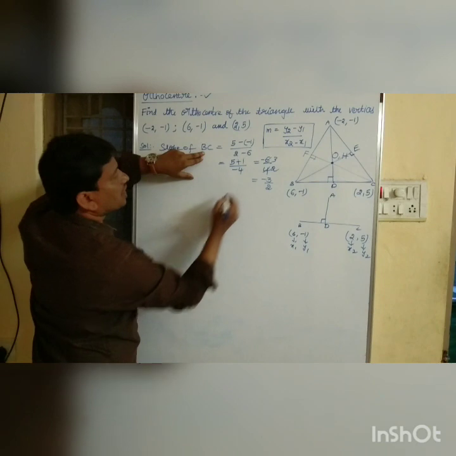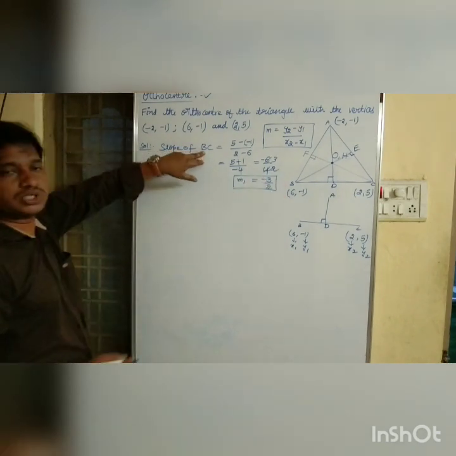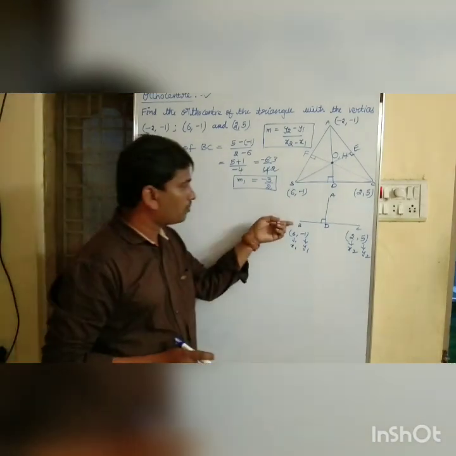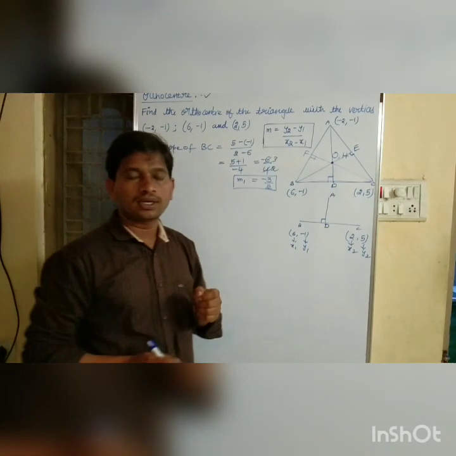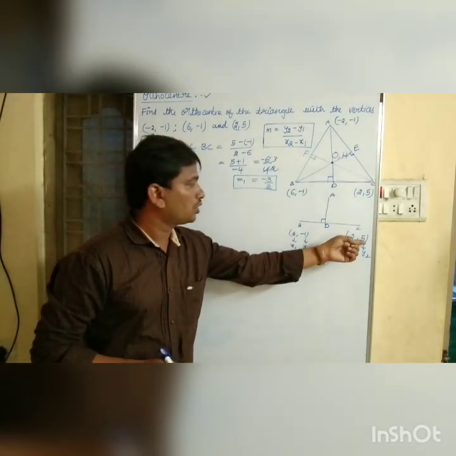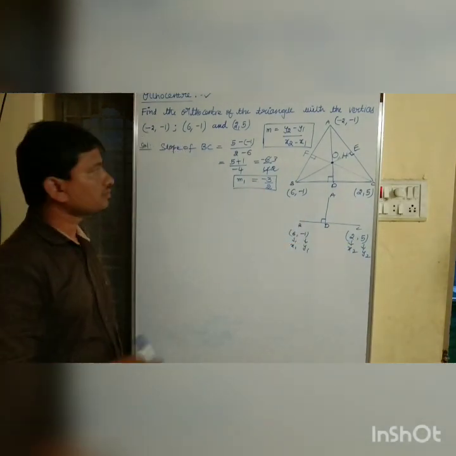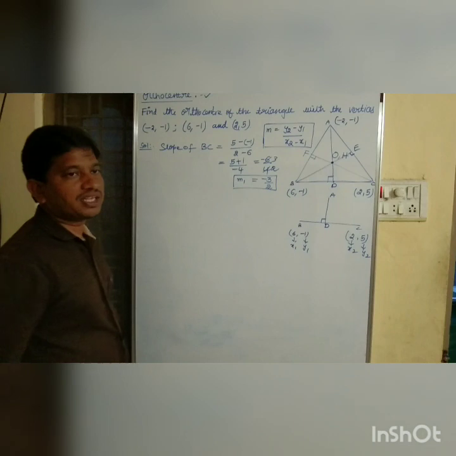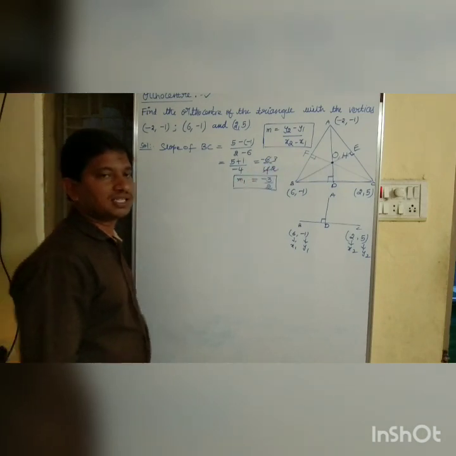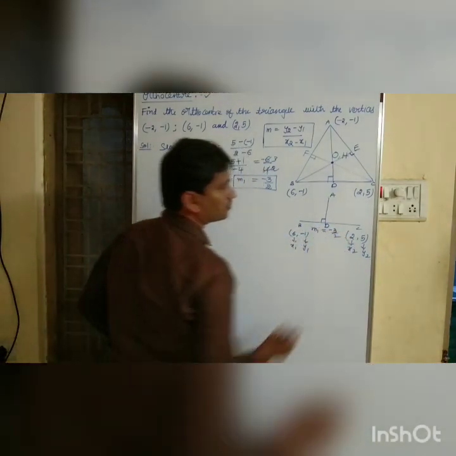So the slope of BC, you consider as m1, so m1 equals -3 by 2, children. Got my point? How to find the slope of BC: y2 minus y1 by x2 minus x1, 5 minus (-1) by 2 minus 6, that is 6 by -4, which reduces, so m1 equals -3 by 2.